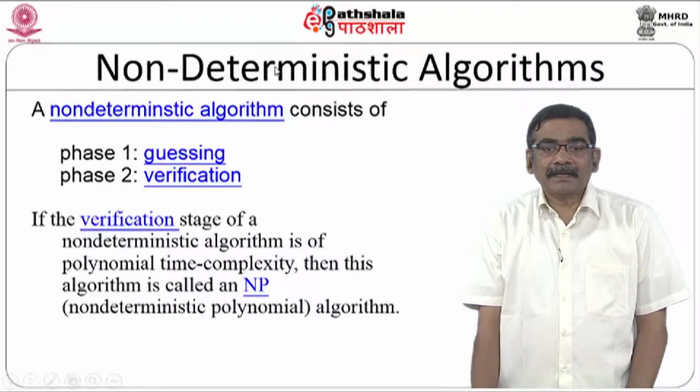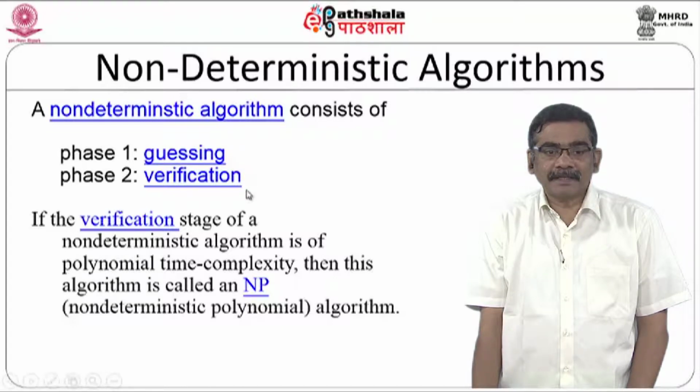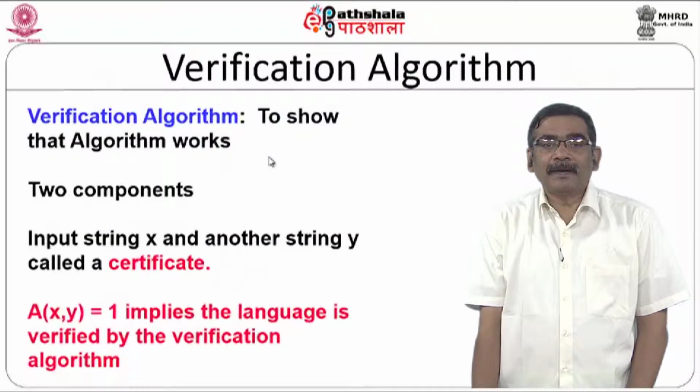Then we will construct the non-deterministic algorithm like this. The non-deterministic algorithm consists of two steps. One is called the guessing stage and another is called the verification stage. In the guessing stage, we are going to generate lots of guesses, and in the verification stage we are going to verify the generated guess, and say whether the problem is an NP complete problem or not.